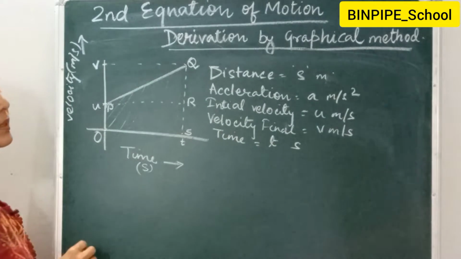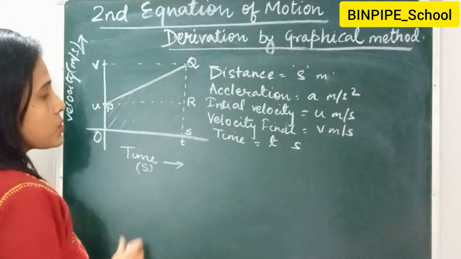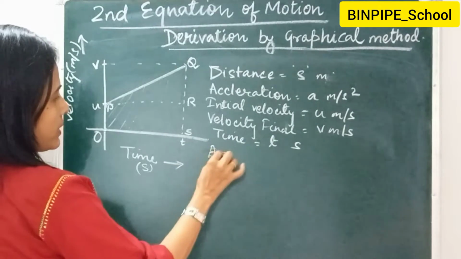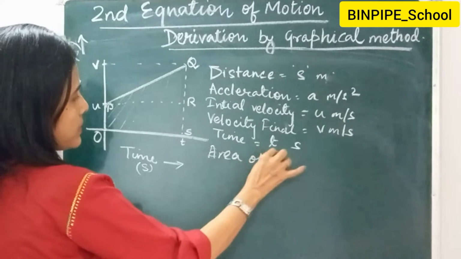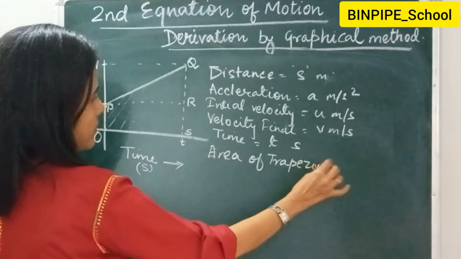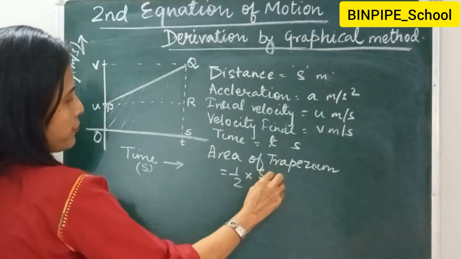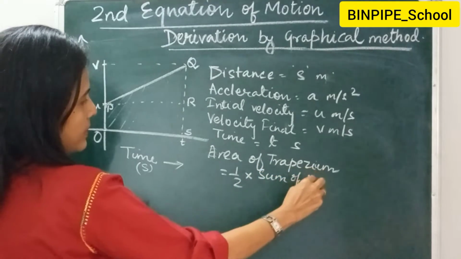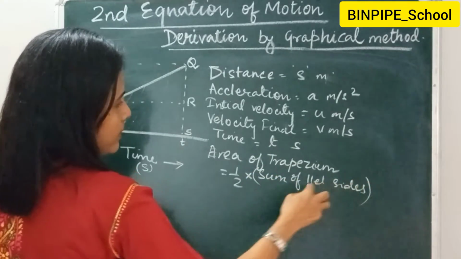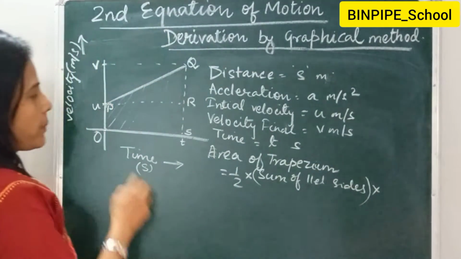So these are the literals or variables that we have assumed. Now as we know the area of a trapezium, you can write here, area of trapezium is equal to half into sum of parallel sides, this is a parallel symbol, short form, into distance between the parallel sides.